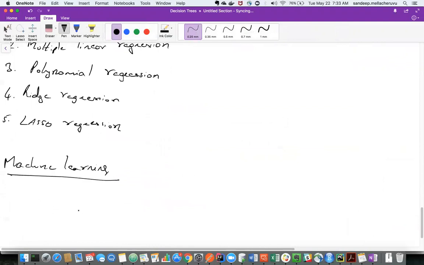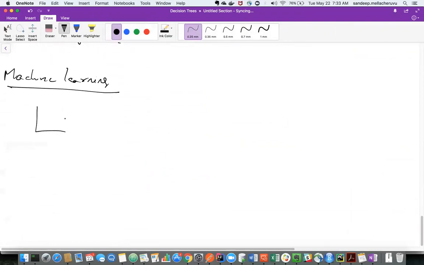You can divide the machine learning models into types in many different ways, but this is more about white box and black box models. So you can divide the machine learning techniques into white box techniques and black box techniques.